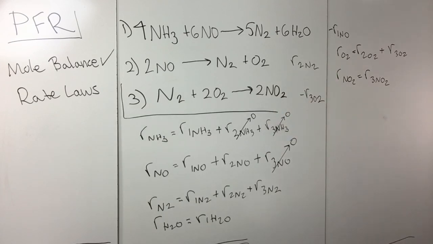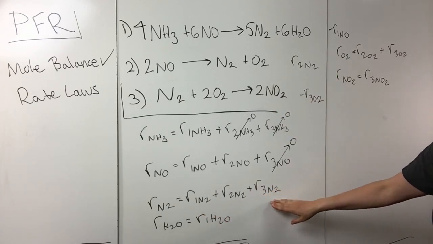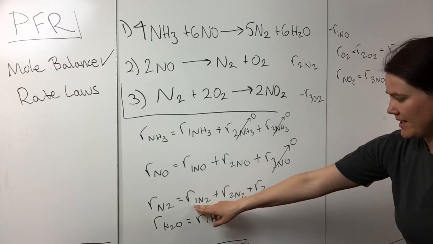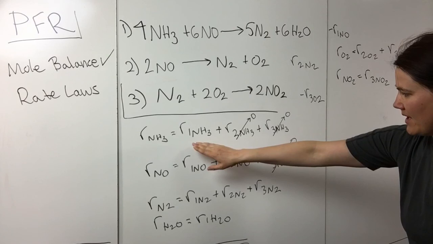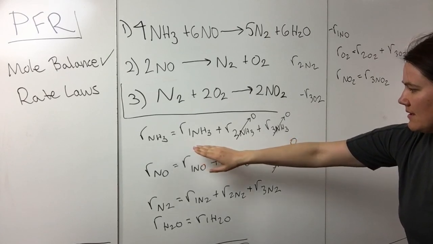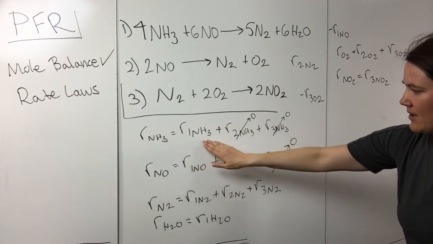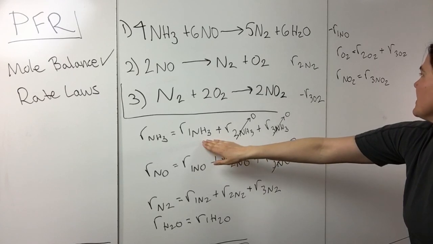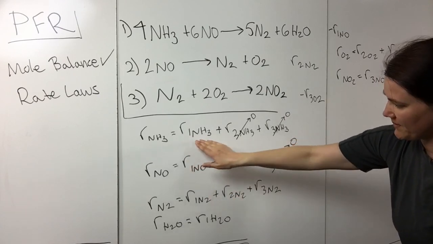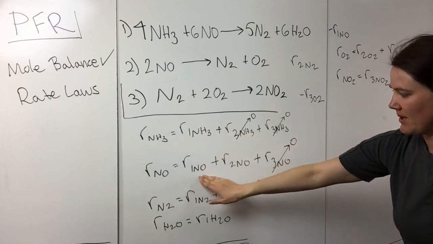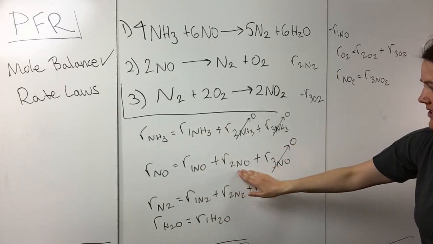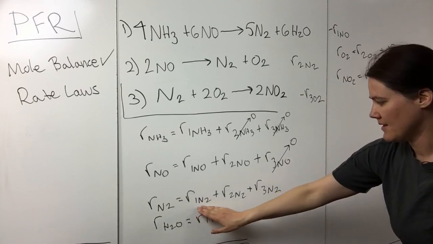Once you have these, you need to figure out what each of these individual parts are. Well, we already know, I believe, actually we don't know that. So we need to figure out what R1 NH3 is, what R1 NO is, and R2 NO is, and R1 N2.